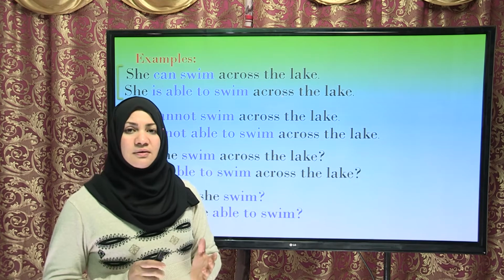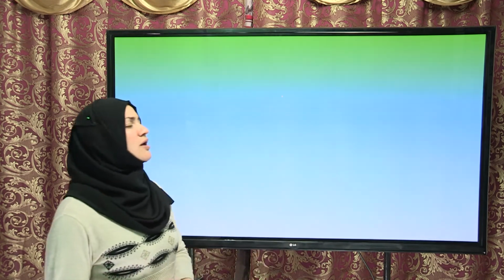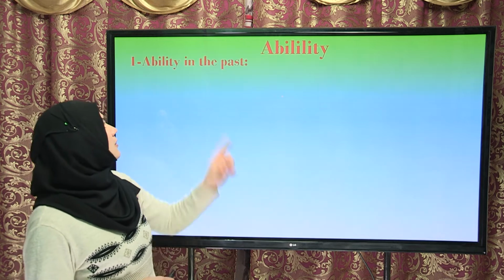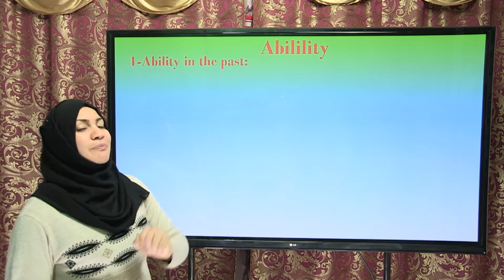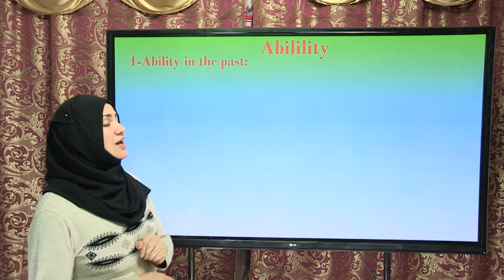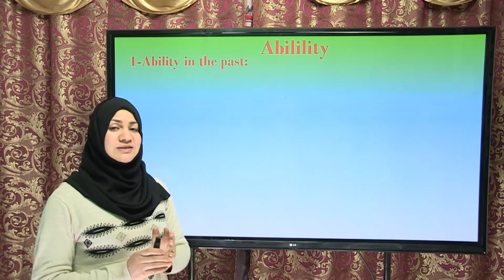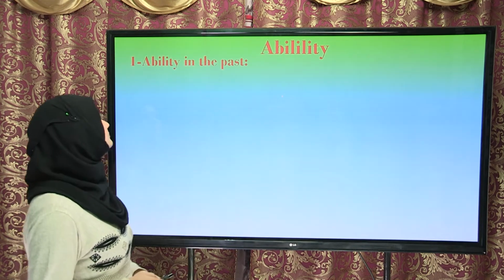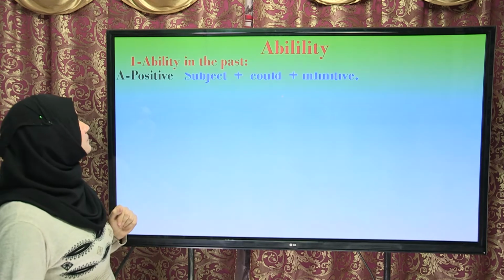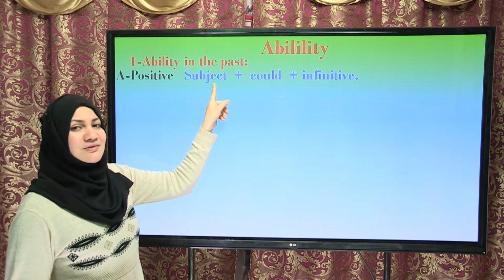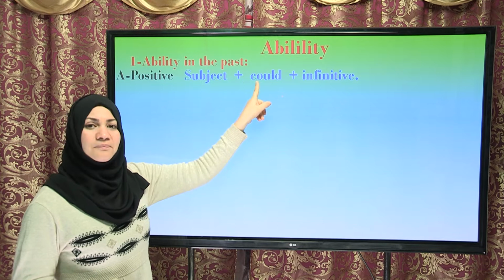After these examples, we are going to see the second point, which is ability in the past. Let's see together the form in positive, negative, and question. Positive: subject plus could plus infinitive.